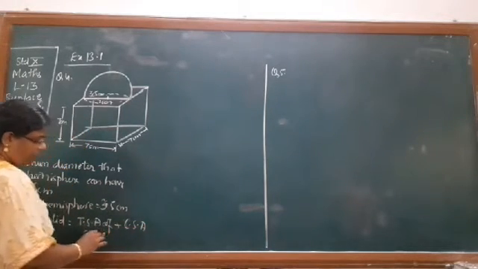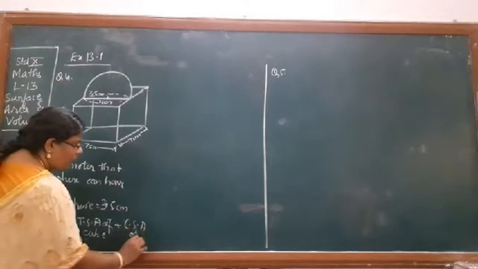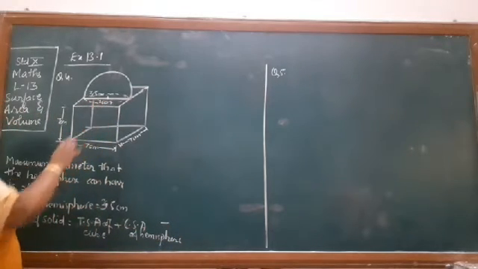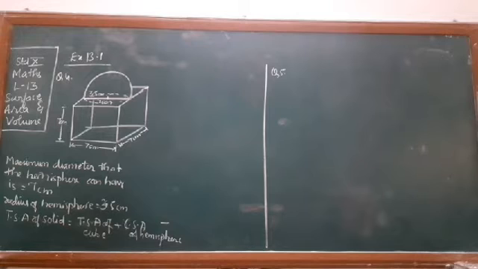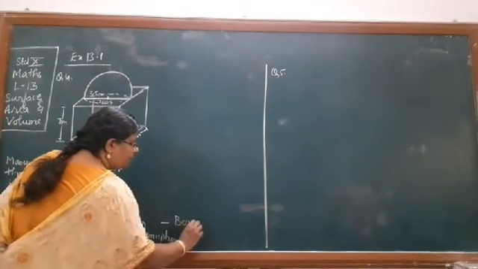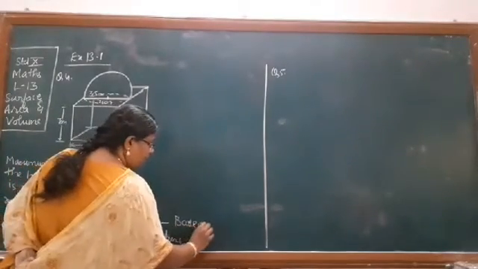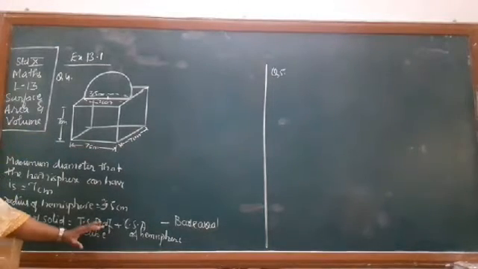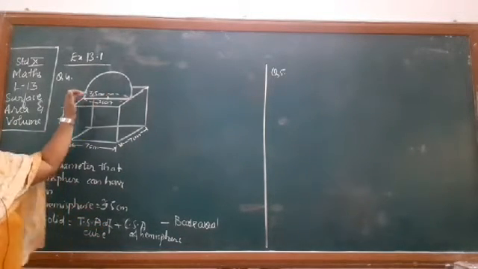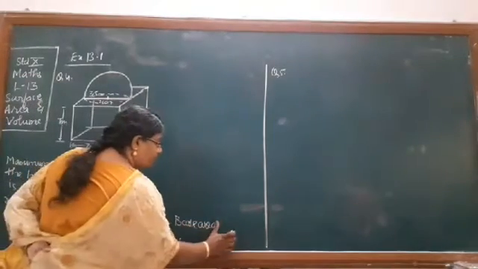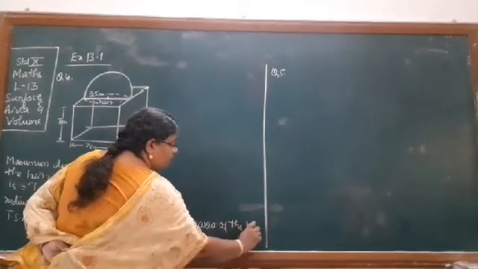Total surface area of cube plus curved surface area of hemisphere, minus, अब ये इतना बेस तो तुम्हें कट करना ही पड़ेगा ना, area of the base of the hemisphere, because that is not to be taken. So minus base area. ये क्यूब में से उतना तो कट करना होगा ना, क्योंकि पूरा क्यूब का टोटल सरफेस, ये फेस का इतना पोर्शन जो है, वो जहाँ पे वो सरमाउंटेड है, वो तो हमें नहीं लेना ना, that is not to be included in this total surface area of the cube. So base area of the hemisphere.